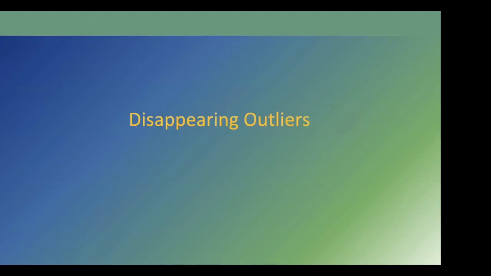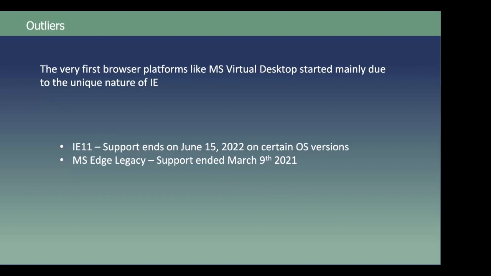The disappearing outliers: basically, one of the first reasons why people needed cross-browser platforms initially was IE. IE is the outlier, right? It is different compared to other browsers. But now IE 11 support is ending on June 15, 2022.